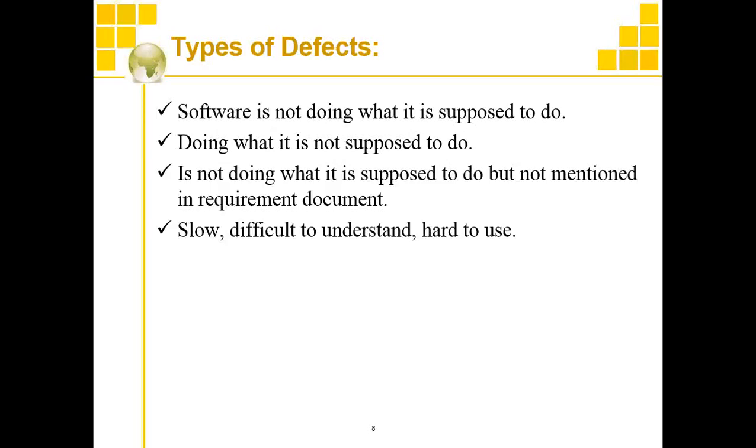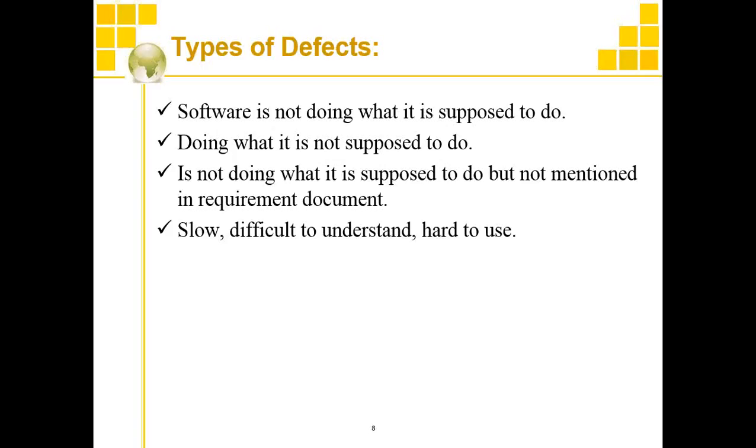And this is a big defect: if the software works slow or is difficult to understand how to use. Suppose there are many big business ERPs, and if one is developed in such a manner that it is easy to use for both technical and non-technical persons, then I think there is no defect. But if it works fine and yet the design is very complex, hard to use and slow, I think there will be defects.